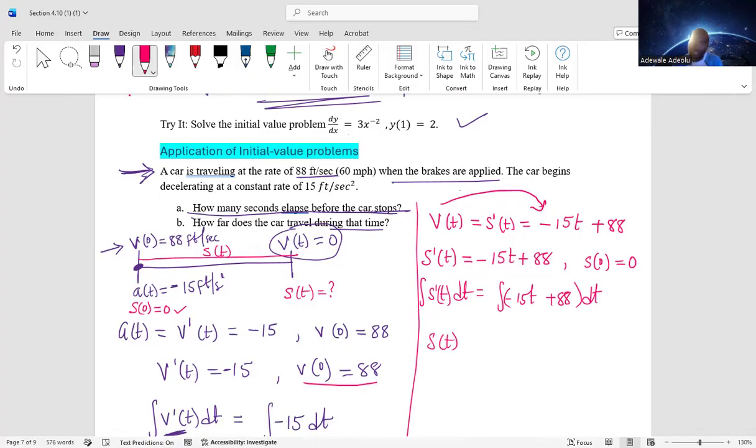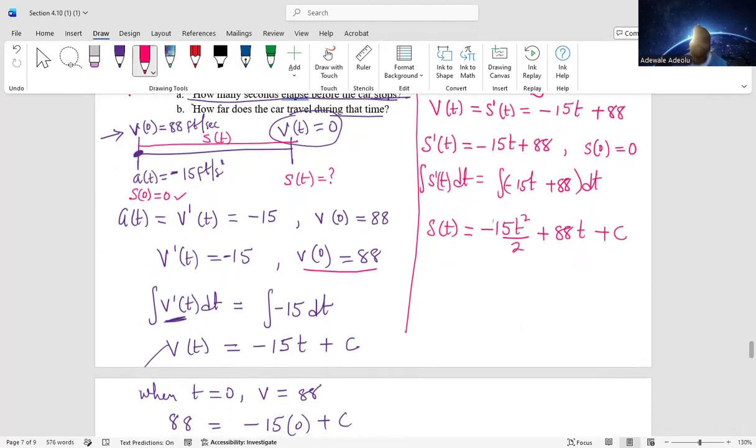I will keep my c here since I'm going to add c to the other side. So this is negative 15t squared over 2 plus 88t, then plus c.